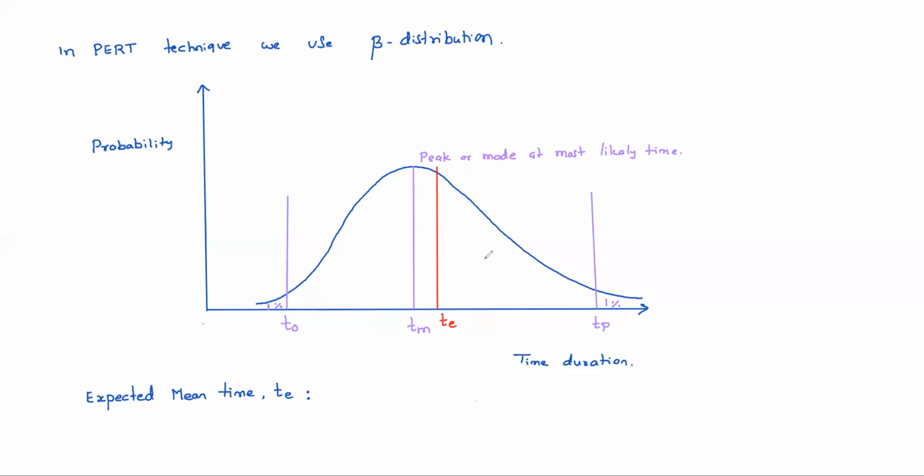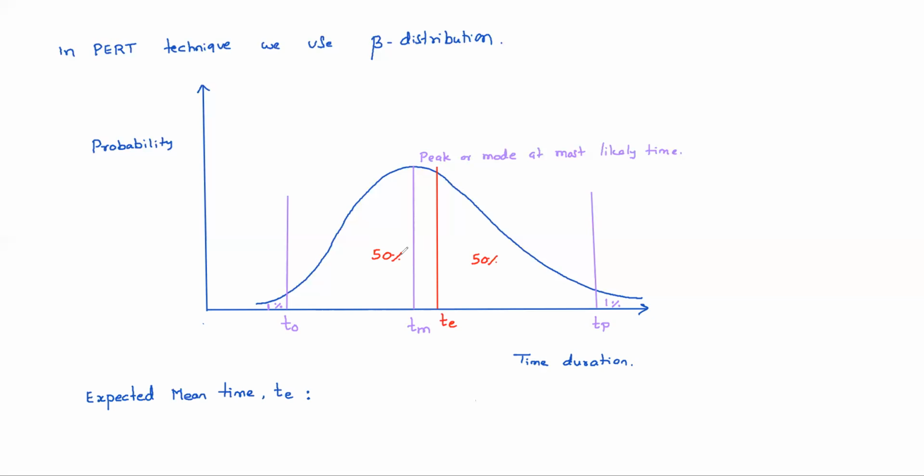See right side of this line 50% area will be there. Left side of this line 50% area will be there. Understood no? That means the probability of completing the activity at TE time is 50%.